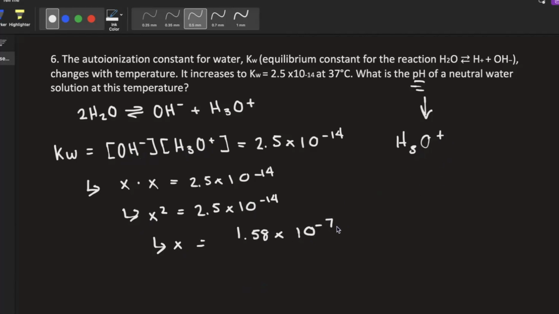So how do we find pH? To find pH, we simply have to input this number into negative log. So we're going to take negative log of 1.58 times 10 to the negative 7th, and that is going to give us 6.80.